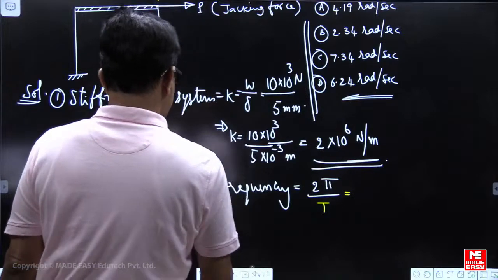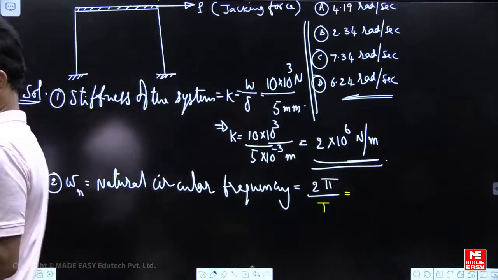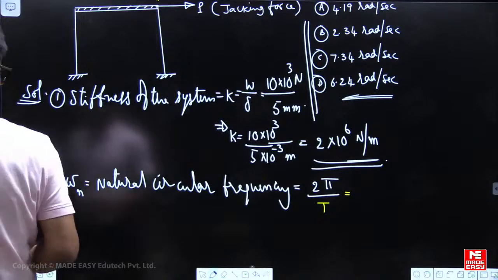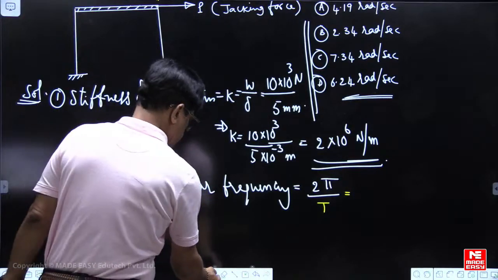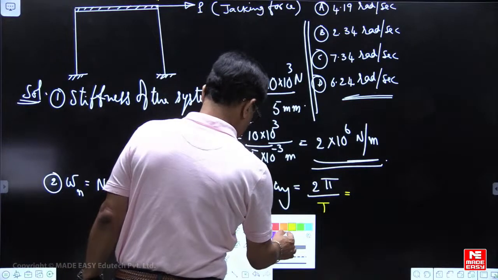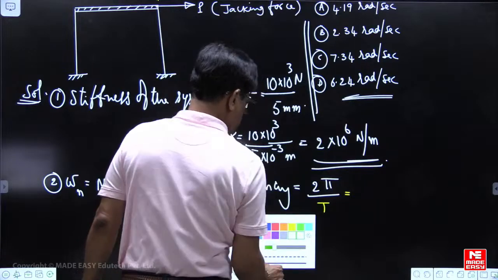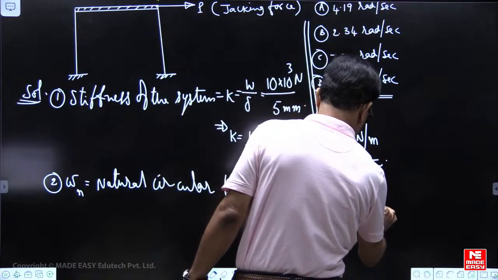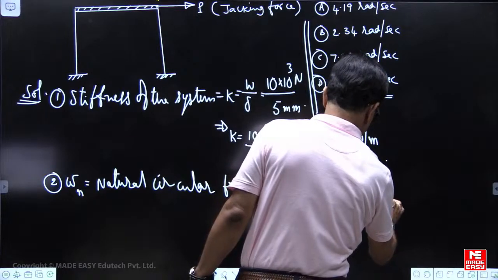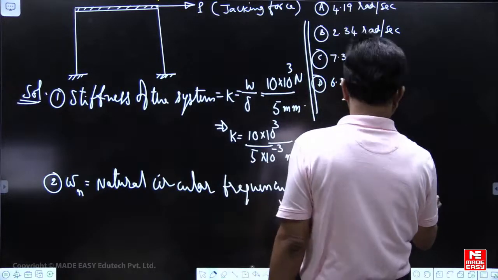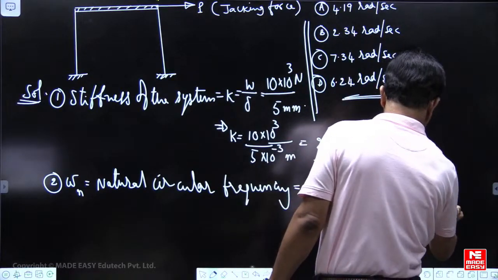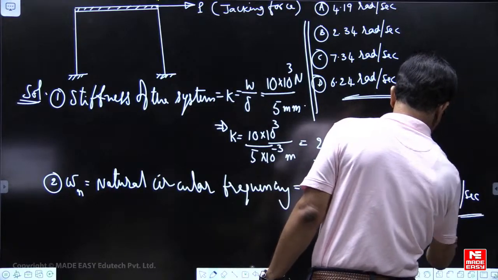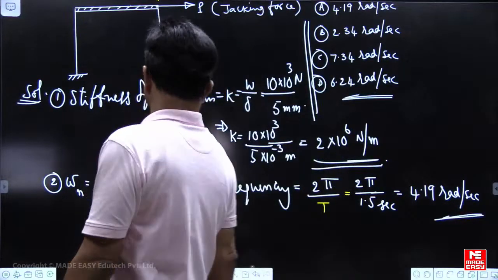So stiffness of the system we don't require at all. I think you will get 4.19 radians per second.